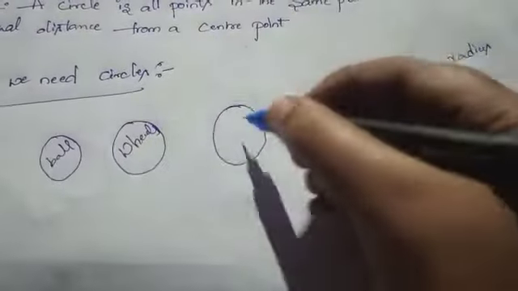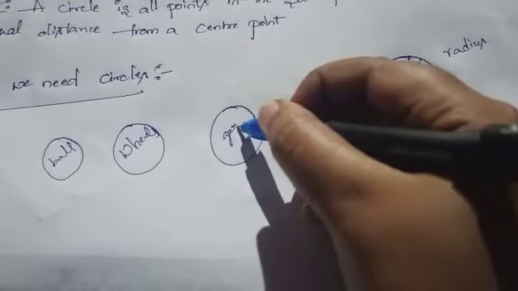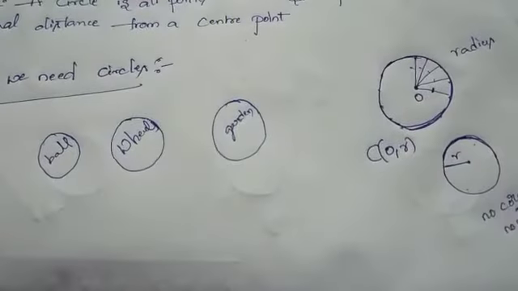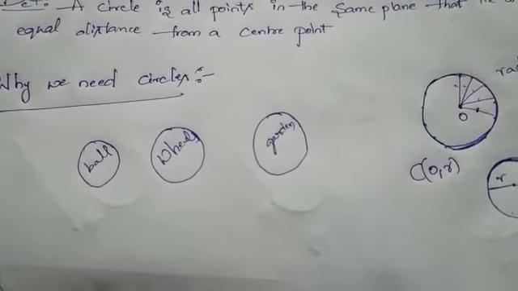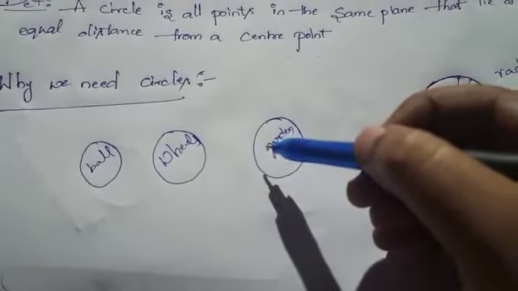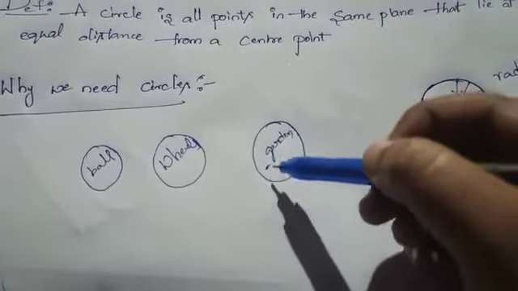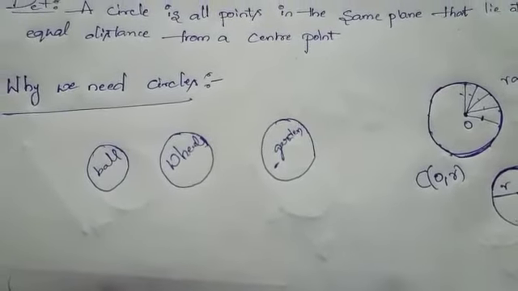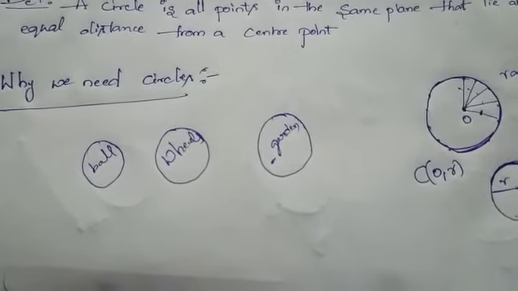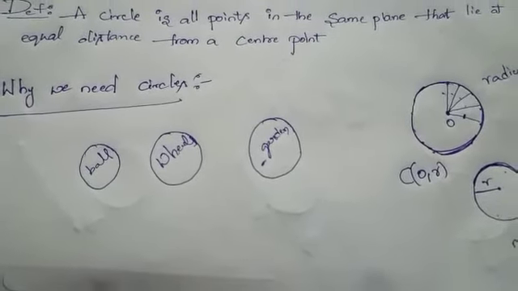For example, this is a garden. This garden is in circular shape. Here we have to find the area of this garden or perimeter of this garden. That's why we should learn circles. Is it clear?